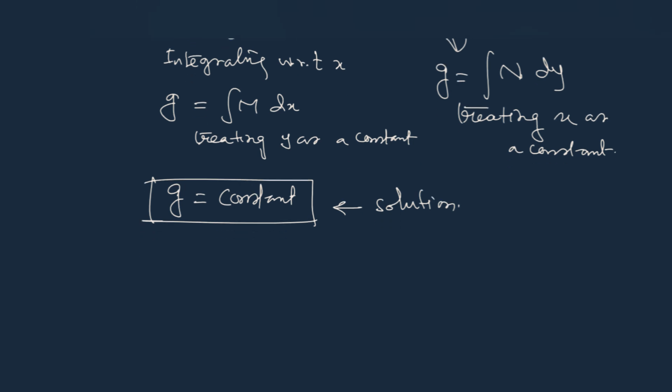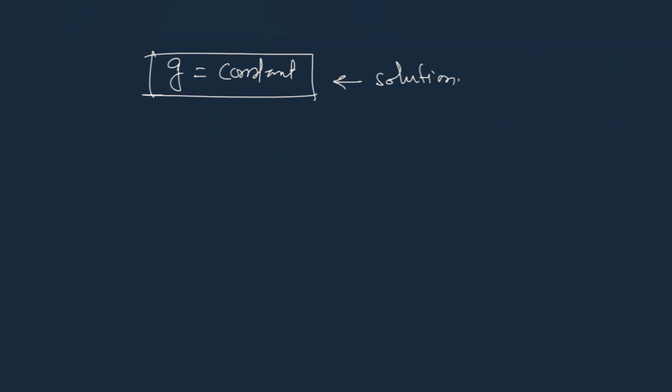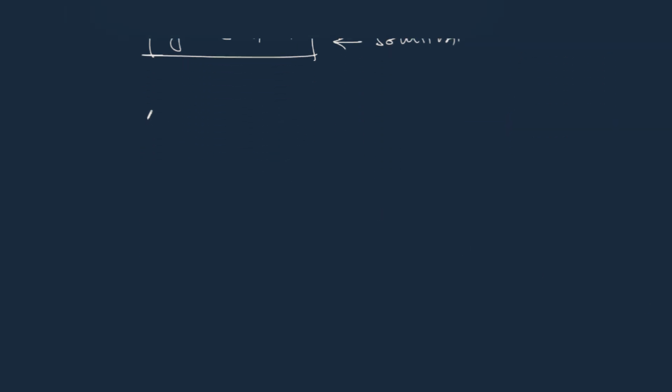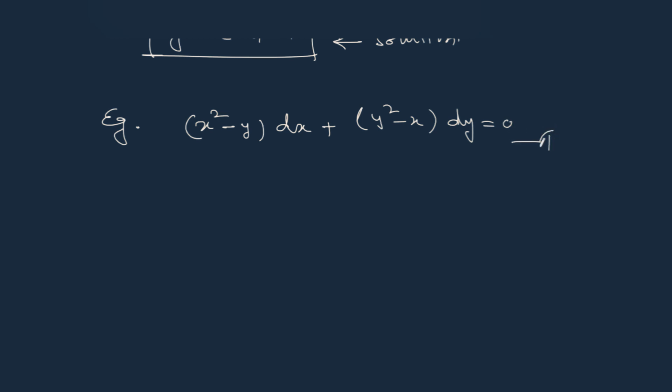Now let's try to solve an example for better understanding. Example: x square minus y dx plus y square minus x dy equals 0.